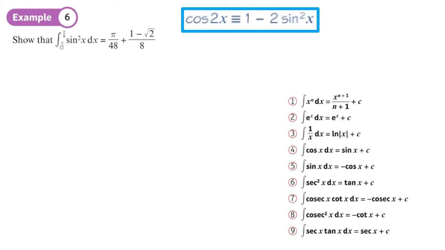Okay, here we had one similar to this before. We had to show it was equal to log 12 or something. Show that that integral gives you that.